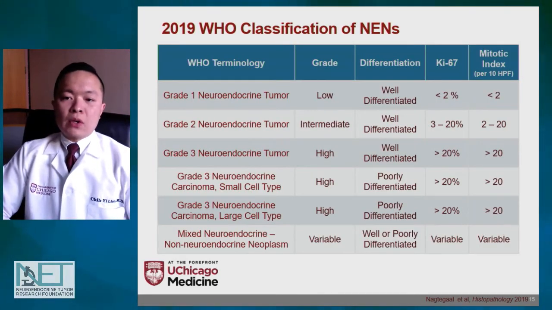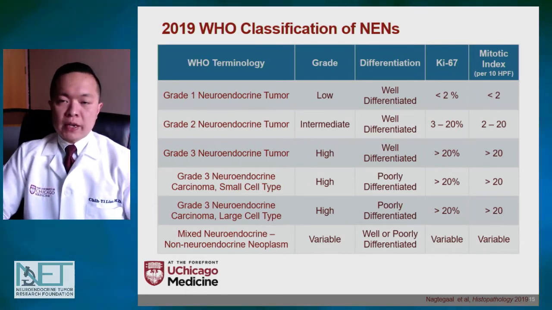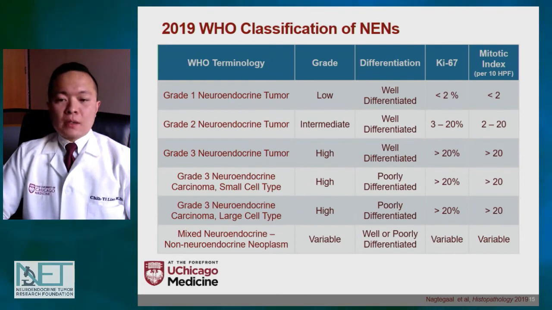Now that we know a little bit about what these different terms mean, we can go ahead and take another look at this WHO classification of neuroendocrine neoplasms. As you can see, tumor grade and tumor differentiation are generally concordant, but there's an exception.